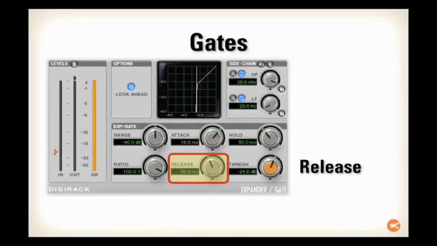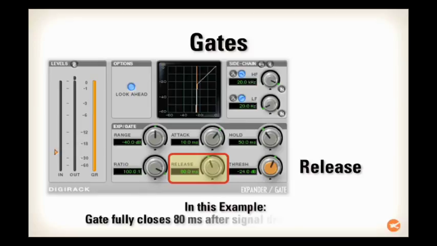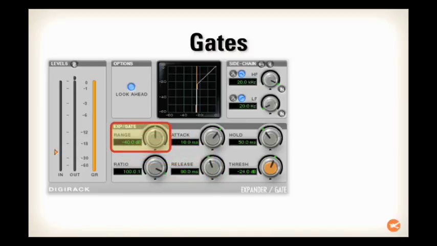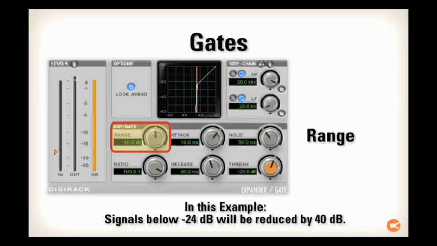The release is the time it takes in milliseconds for the gate to fully close once the signal falls below the threshold level. The range provides control over the amount of attenuation to signals below the threshold level, allowing a predetermined amount of signal through when the gate is closed.